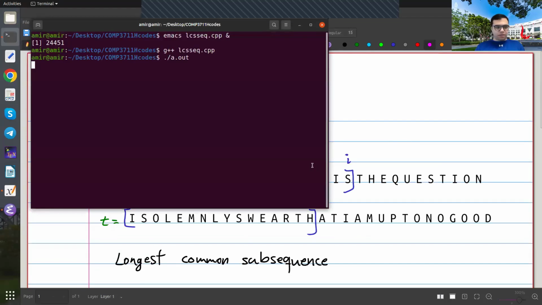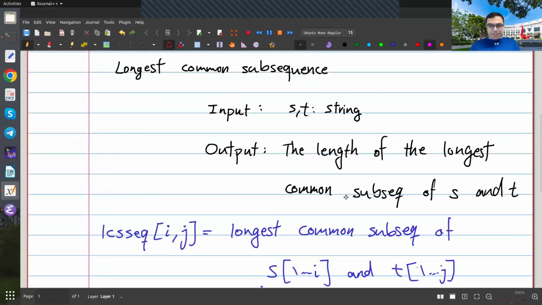Let me give it this 2. So, okay, it says 10. Is this correct? I don't know. You can try and figure it out if it's correct or not.